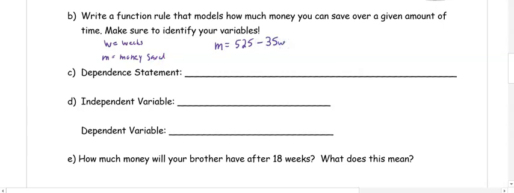The dependent and independent variables here. So the independent variable is what's happening, so each week he is losing money, and then the dependent variable is what we're trying to figure out, so that is going to be the money saved. So our dependency statement, the money saved depends on the number of weeks.